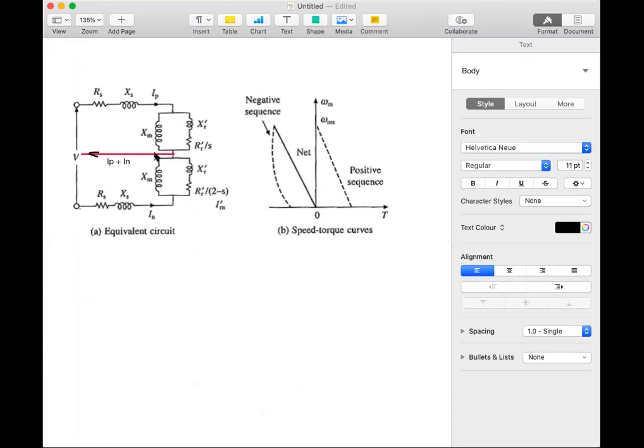Only the third line is missing there. So we'll have a third line here. This part is the positive sequence component, this part is the negative sequence component, and through the third line flows the summation of IP and IN. So this is IP plus IN, and the speed torque characteristic remains the same. The only thing is that the torque will be slightly more here with respect to the two lead connection.